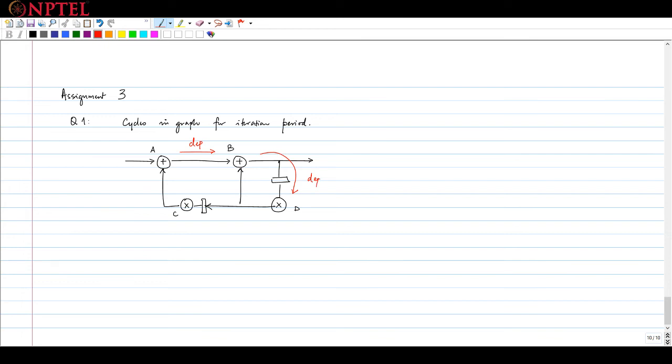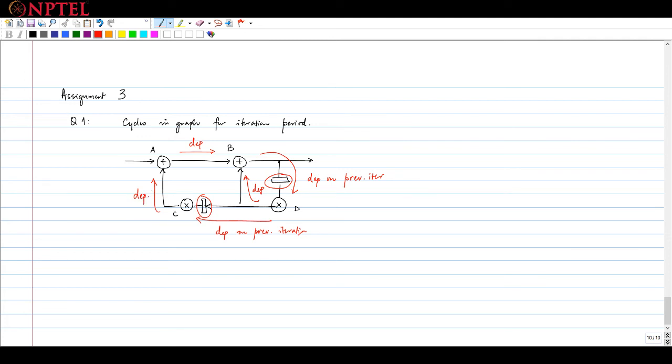This is a dependency on previous iteration. This is a direct dependency. This is a dependency on previous iteration. Why? Because of this delay element over here, and similarly this delay element over here. This is again a direct dependency that we have, right?